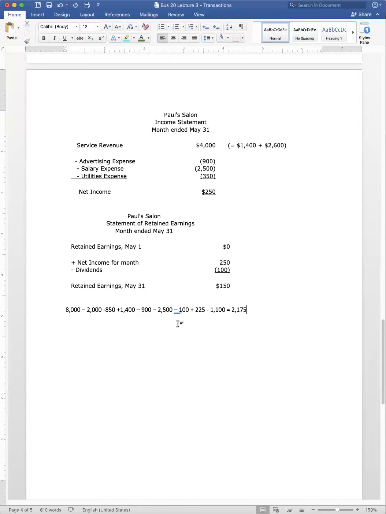This is temporary. On the next lecture, I'm going to talk to you about the T accounts that I mentioned last time. And I'm going to show you how we use the T accounts to accumulate all of this information to put it in one place. So that makes it easier to find, and therefore it's easier to calculate and get this number at the end. So it's not always going to be this annoying.